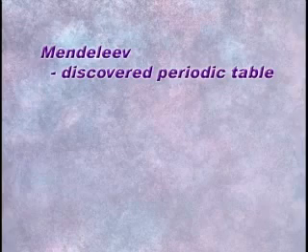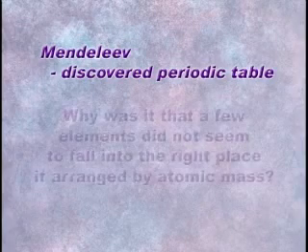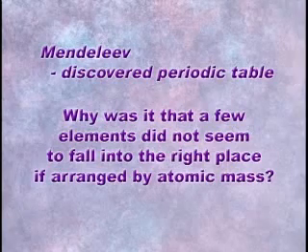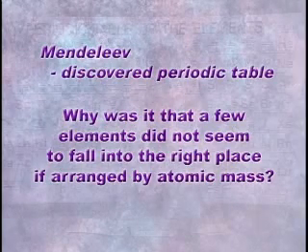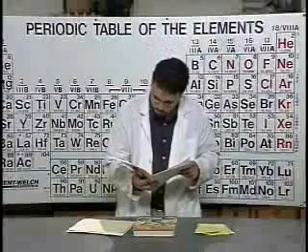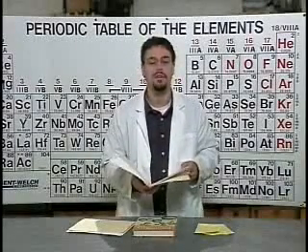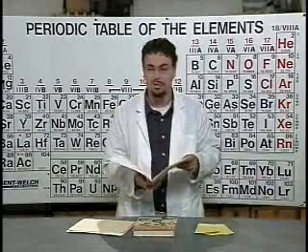But, as often occurs in scientific discovery, his amazing work raised a tantalizing question. Why was it that a few elements did not seem to fall into the right place if arranged by atomic mass? And the scientists were off again, researching and investigating, looking for the answer to this question.